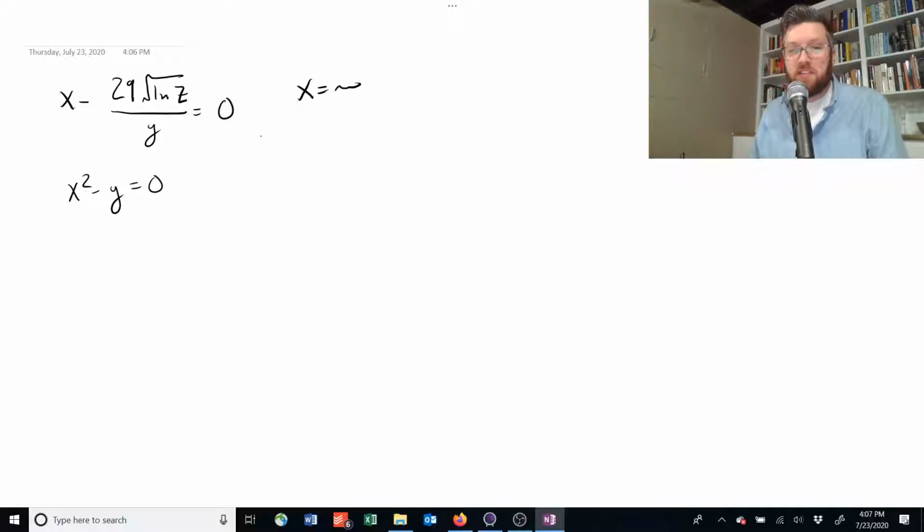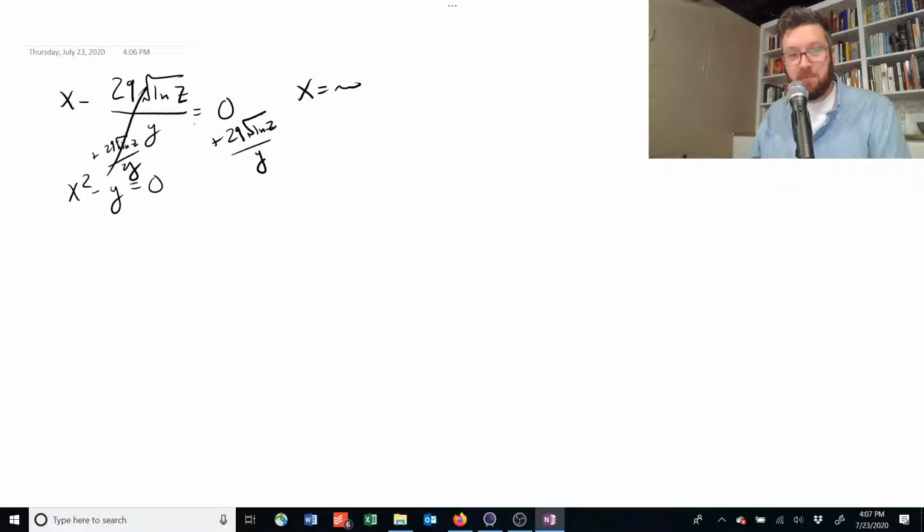So in the first example, if we want to solve for x, we've got this x minus 29 times the square root of the natural log of z divided by y. And what we can do is, if we want to get x by itself, we can add 29 square root of natural log of z over y to both sides, because, hey, that's allowed.